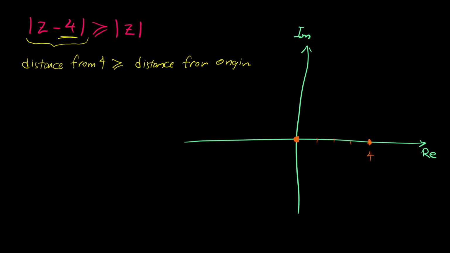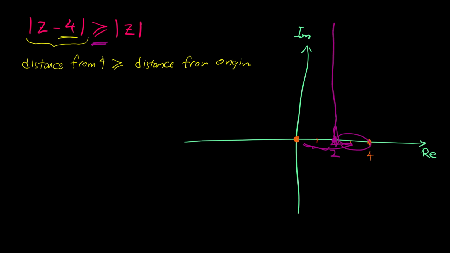The point in the middle has the same distance from these 2 points. And because we have equal, this is part of the answer. Because the distance of point 2 from 0 is the same as the distance from 2 to 4. The two distances are 2. This is 2 units, this is 2 units.